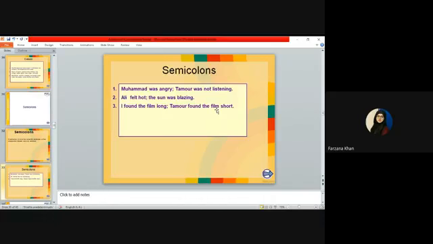In other words, I found the film long, but Tamur found the film short. Right? So we place semicolons to connect independent clauses or sentences which are closely related to each other, but which lack the conjunction, or you can say the connector.